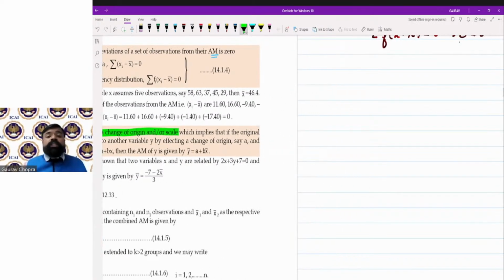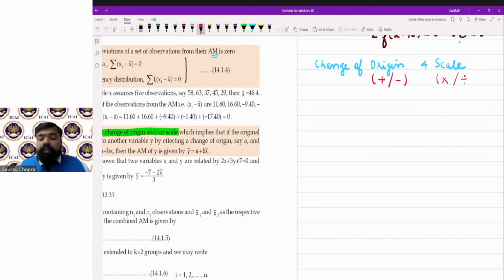Origin means whenever we are adding or subtracting any number from the whole series. And scale means if we are multiplying or dividing the whole series by a number, that is change of scale.